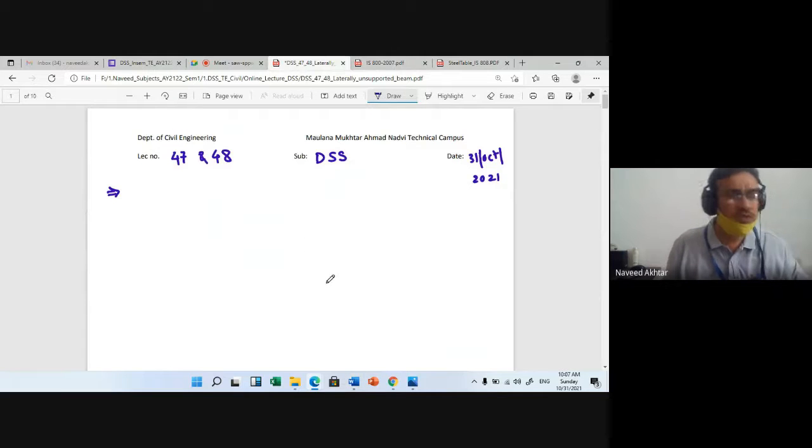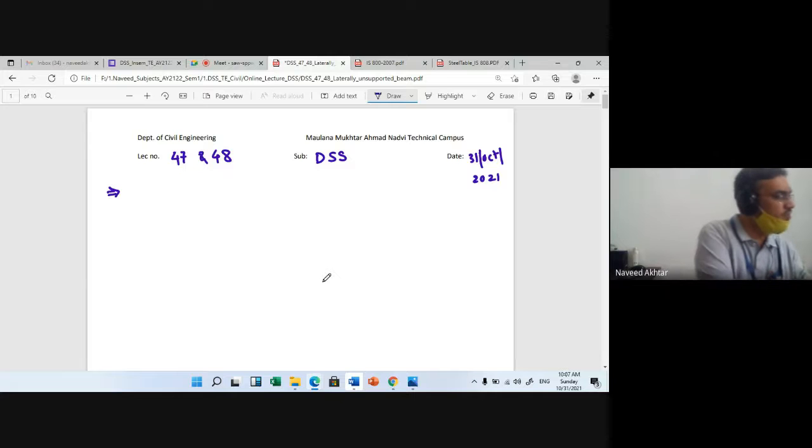Okay. So here we are going to design a laterally unsupported beam. A laterally unsupported beam is designed if the compression flange is not embedded into the slab or another beam.